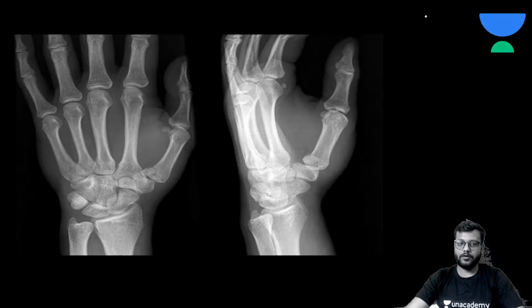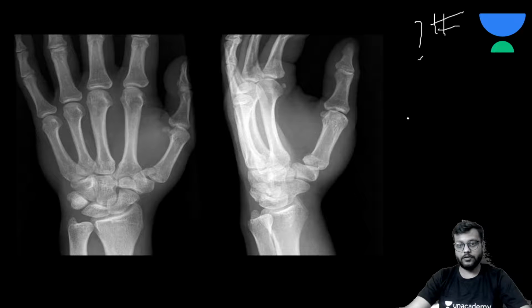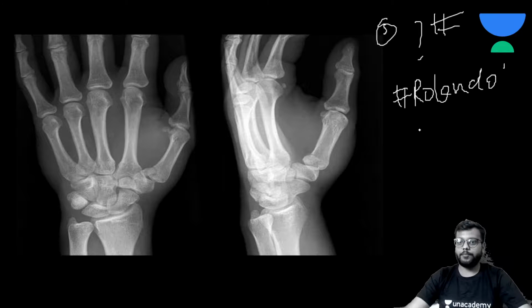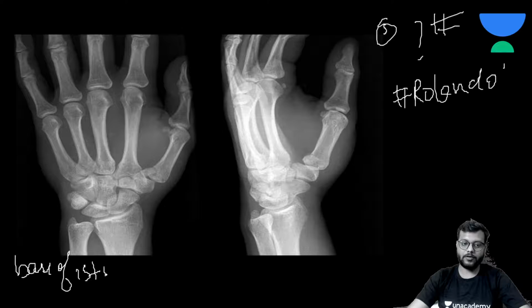Now, this is which fracture? This is Rolando's fracture. Base, see, base of first metacarpal or thumb pe.